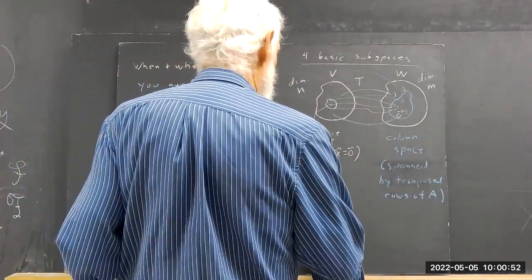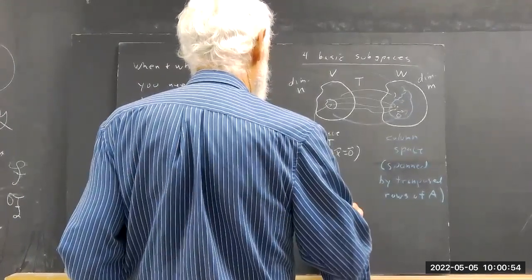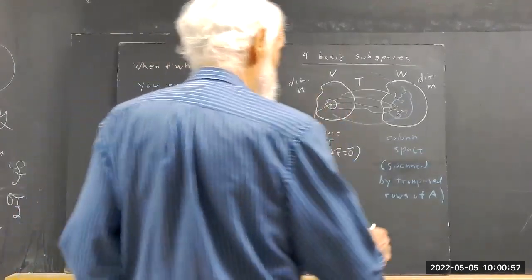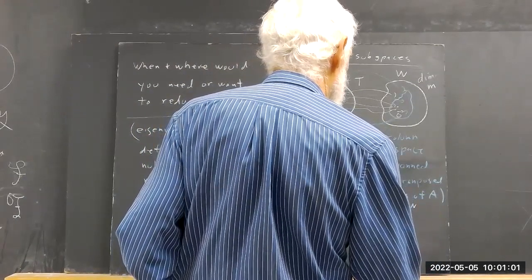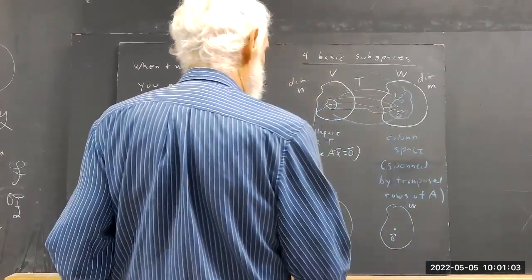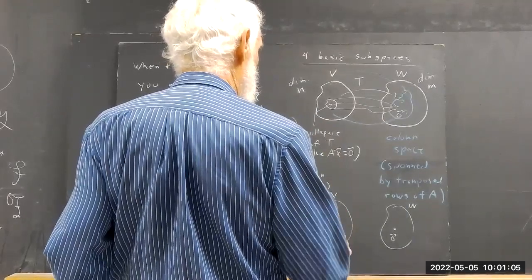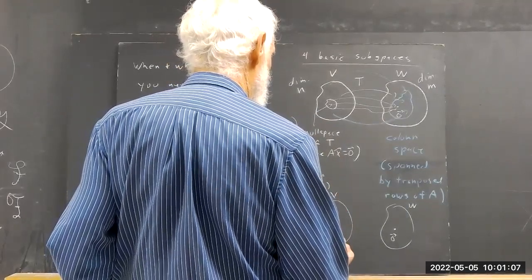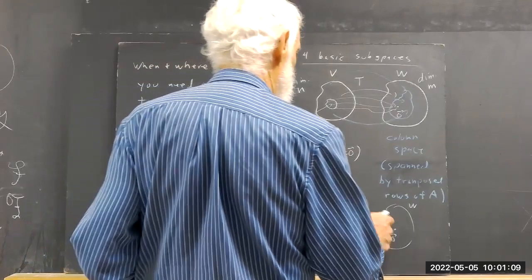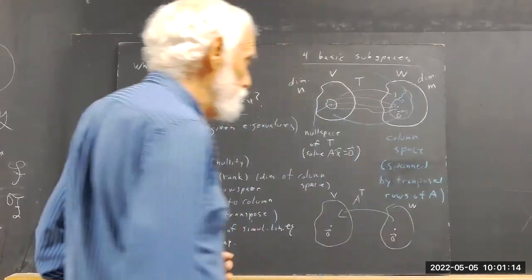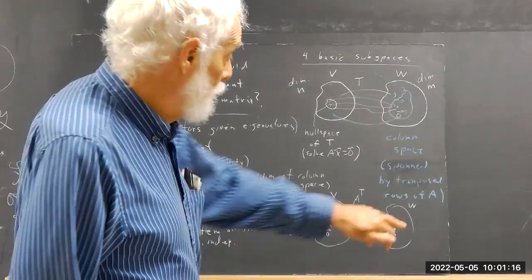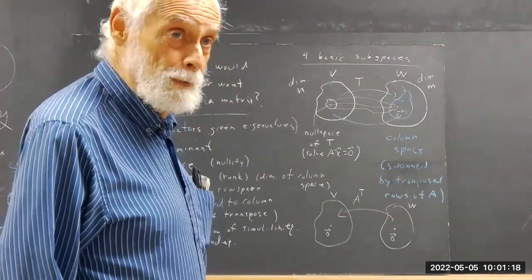Okay. So again, we've got V, it still has dimension M, and we got W. And W, of course, has a zero vector. And V has a zero vector. Okay, A transpose takes you from here to here.